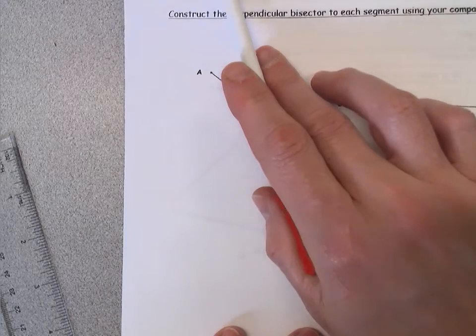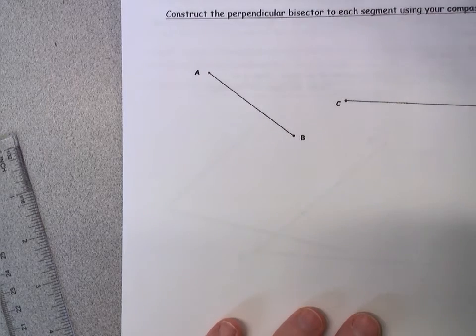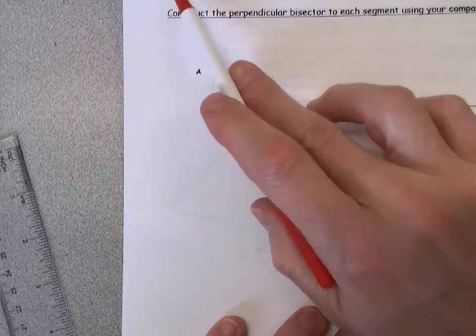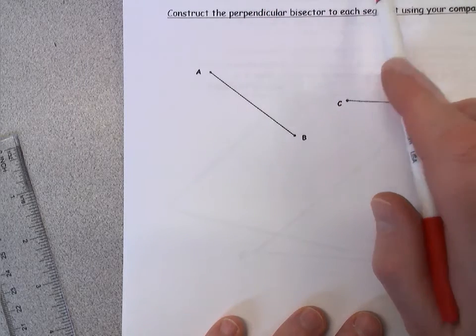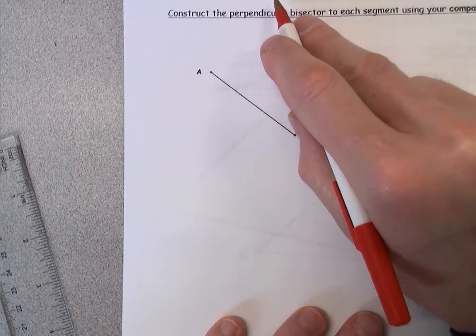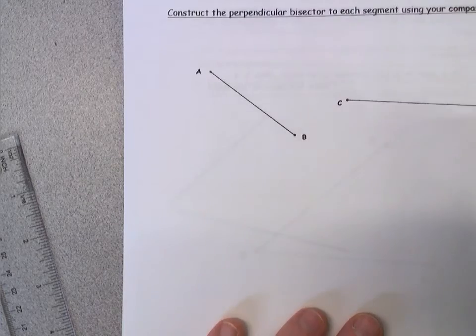So let's talk about a segment bisector. Segment bisector is a line that passes through the middle of a segment. And then a perpendicular bisector is a line that passes through, again, the middle of a segment, and that is also congruent.